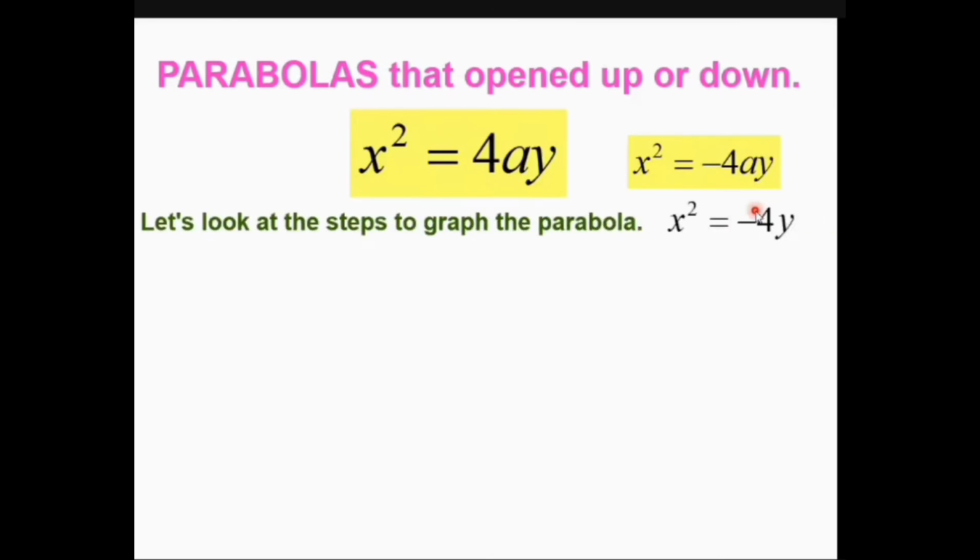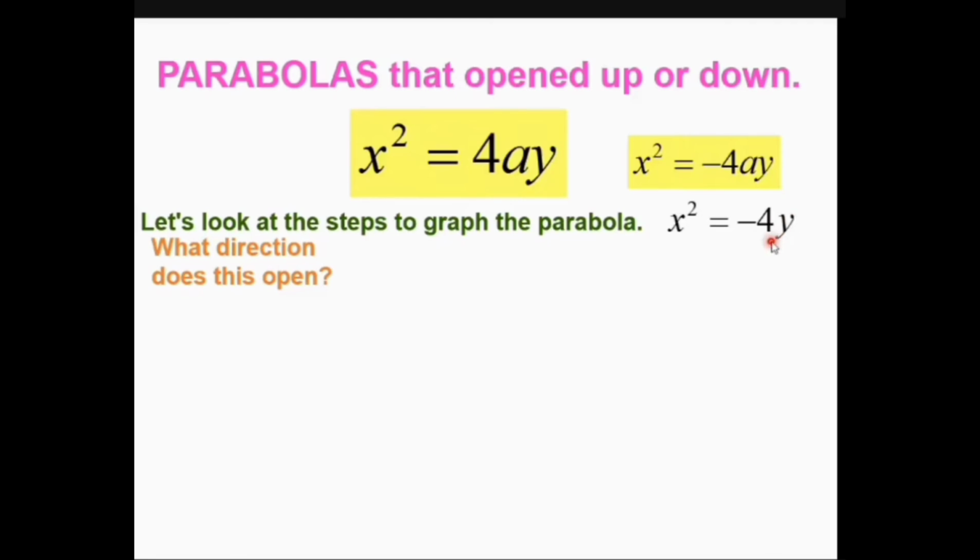Let's take a look at the steps to graph the parabola. X squared is equal to negative 4y. Okay? What direction does this open? Kung x squared is equal to negative 4y, the coefficient of y is negative 4. It is negative, therefore it opens upward or downward.